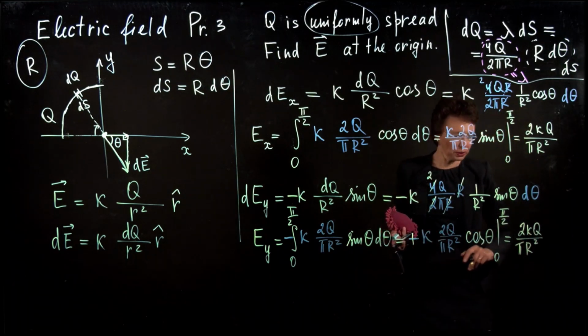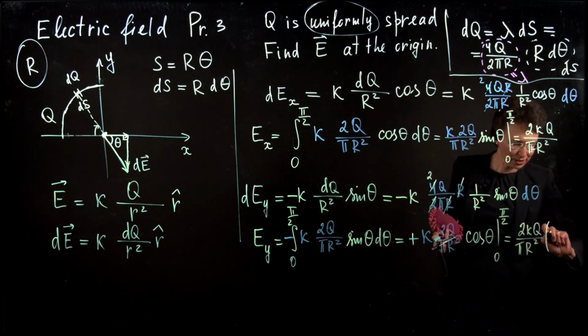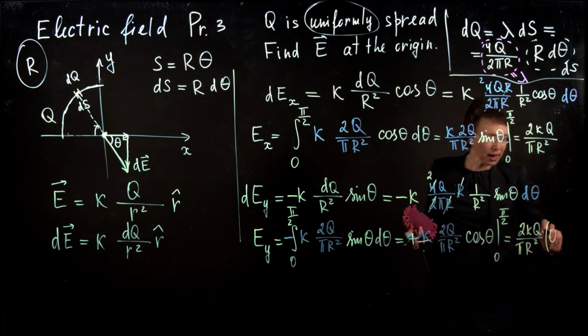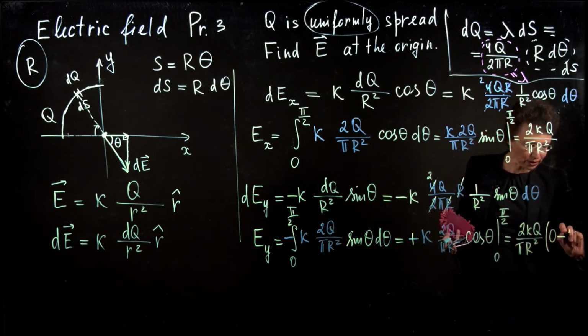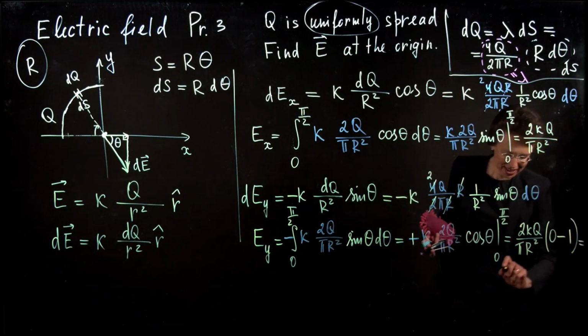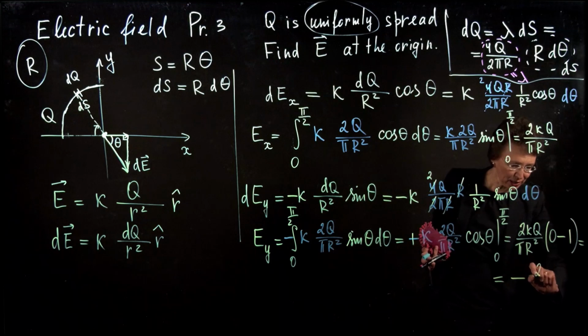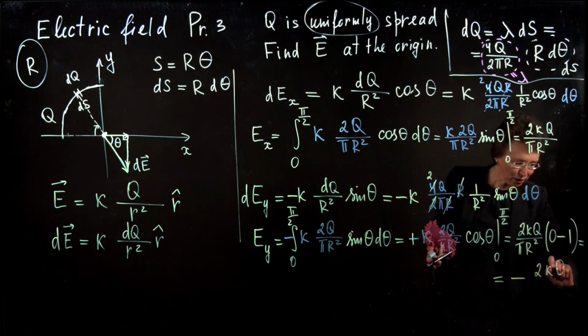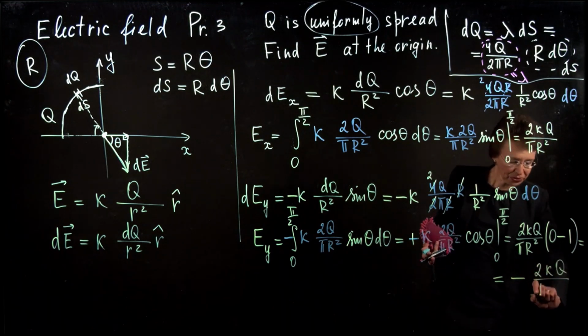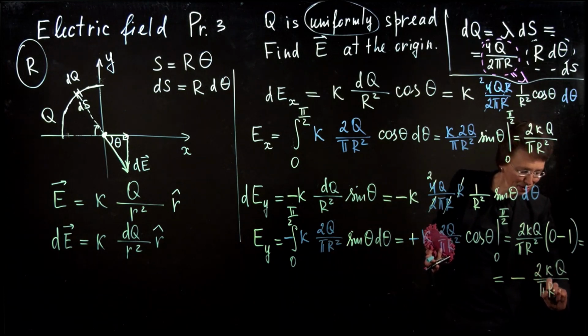Cosine pi over 2 is 0. Minus cosine 0 is 1. So what we have is minus 2kq divided by pi r squared.